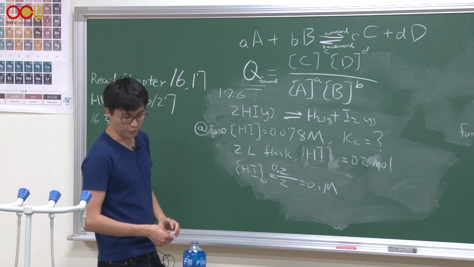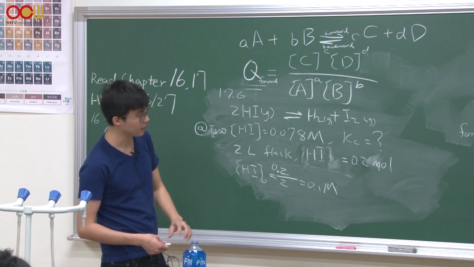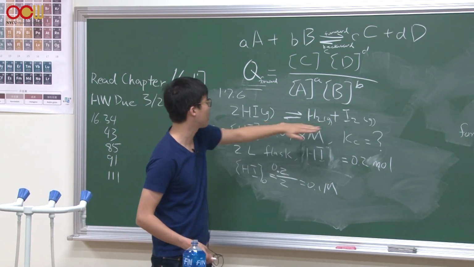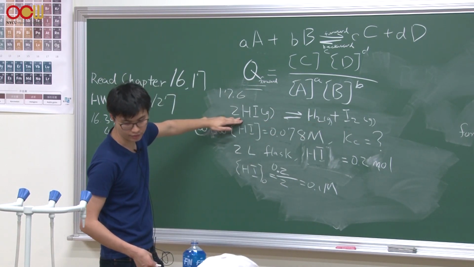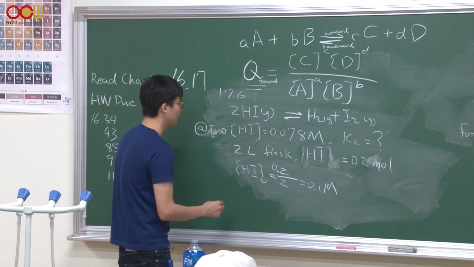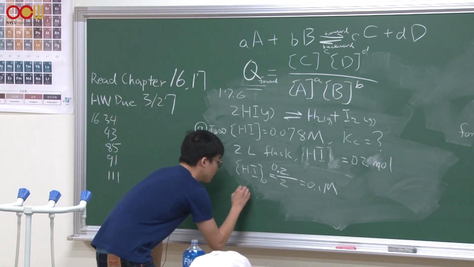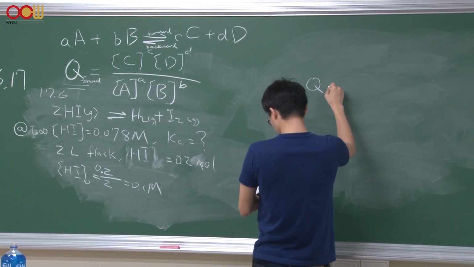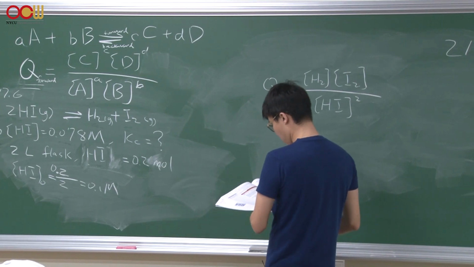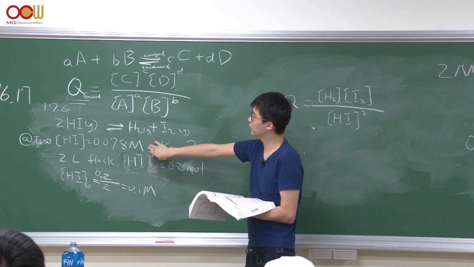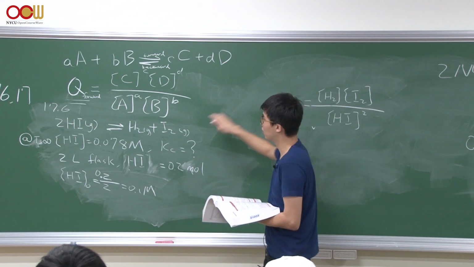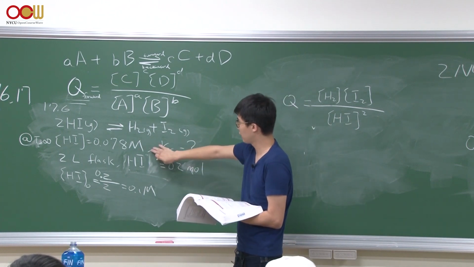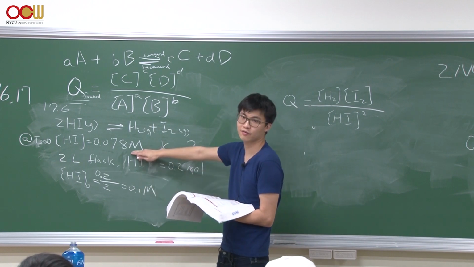If we set up the calculation, when we form x mole of hydrogen or iodine, we will consume 2 moles of HI, right? So we can think about setting up the equation. Again, looking at this equation, we don't know how much is formed, so we need to calculate it. The amount that is consumed: initially it's 0.1, now it's 0.078.